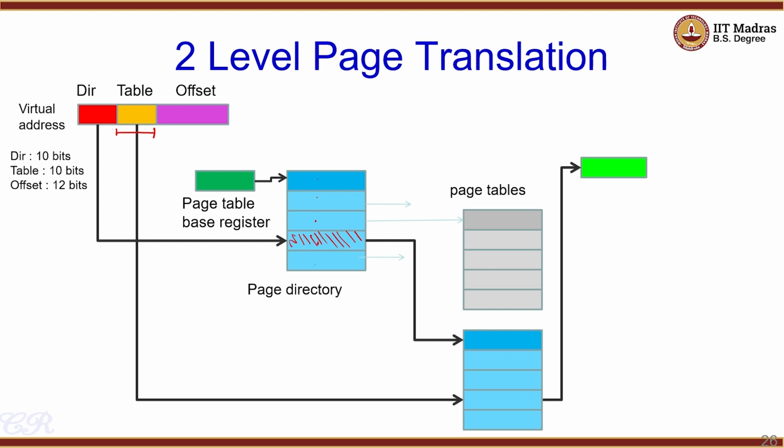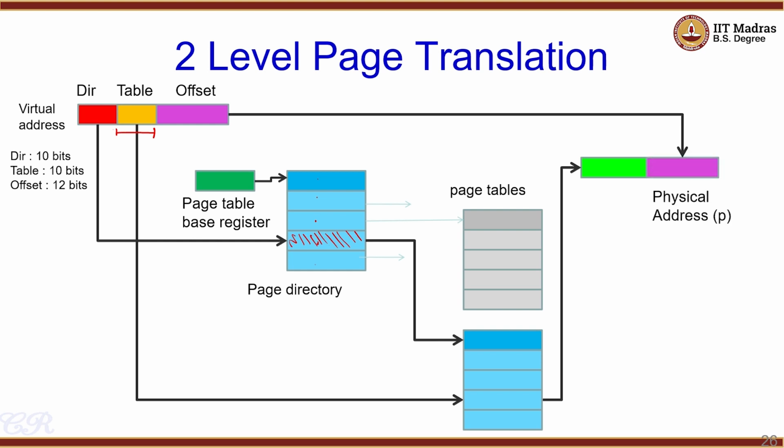Now from the selected page table, one can read the page frame number. These bits are then concatenated with the offset to finally obtain the physical address.